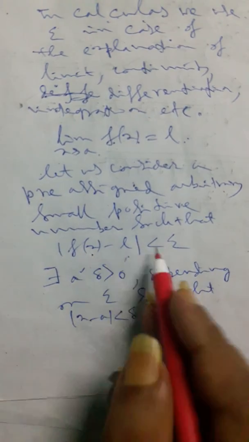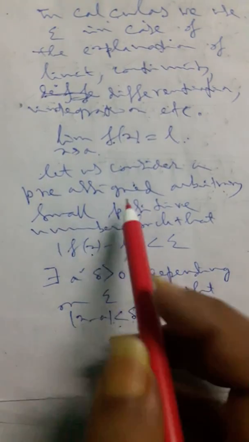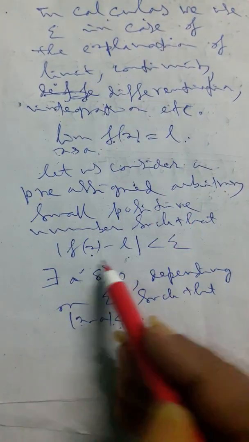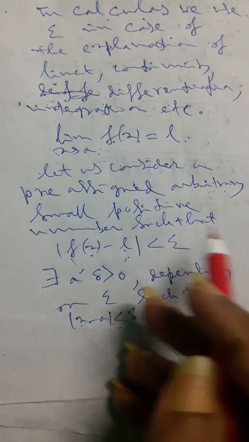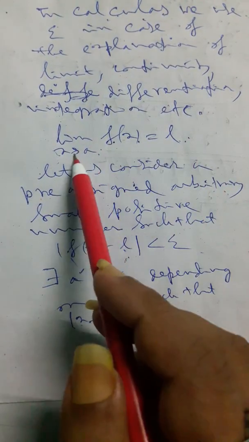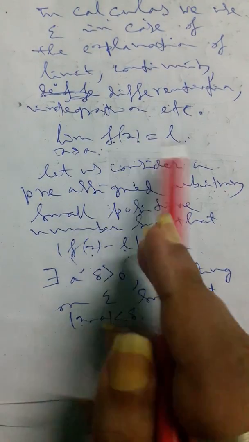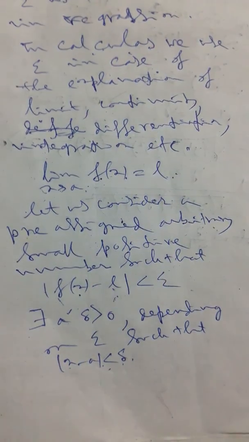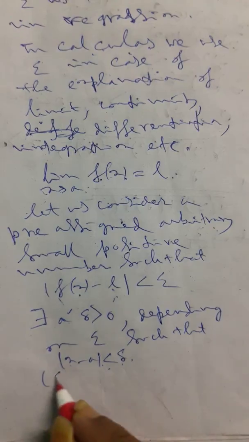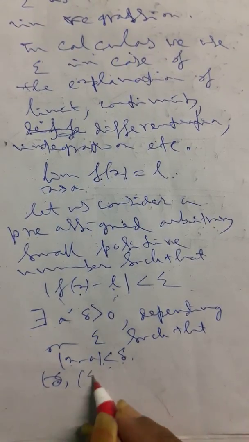Then we compactly say limit as x tends to a of f(x) equals L. This is a complete definition of how epsilon is used, and this definition is called the epsilon-delta definition of limit.